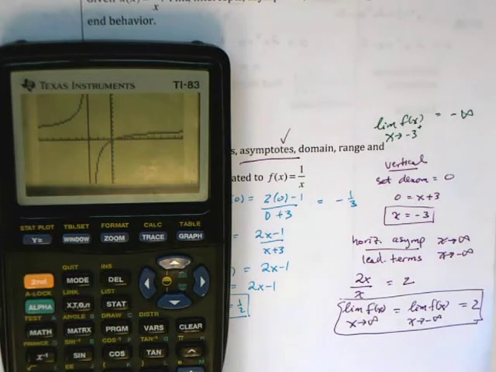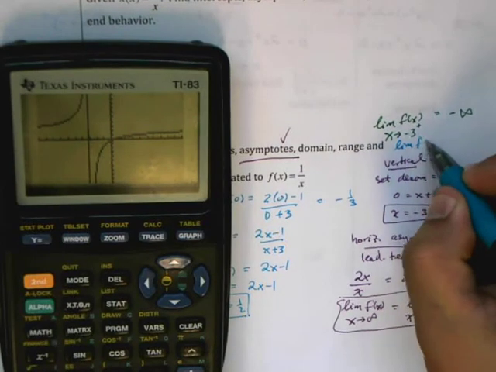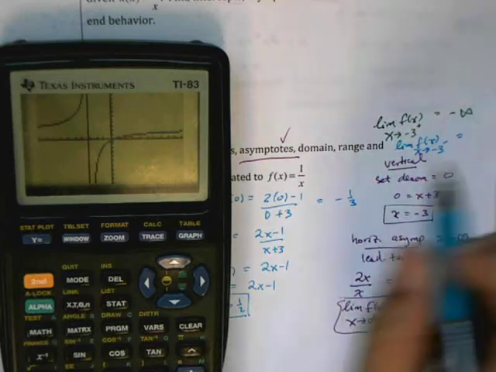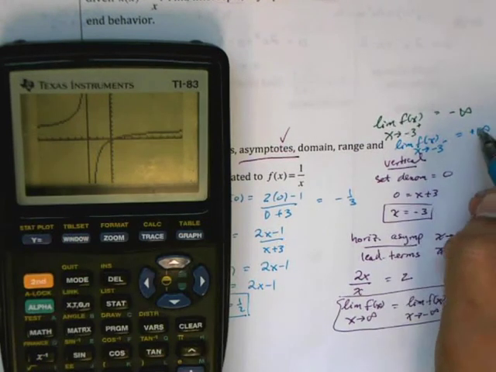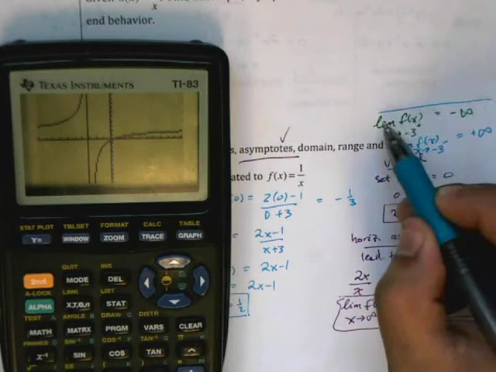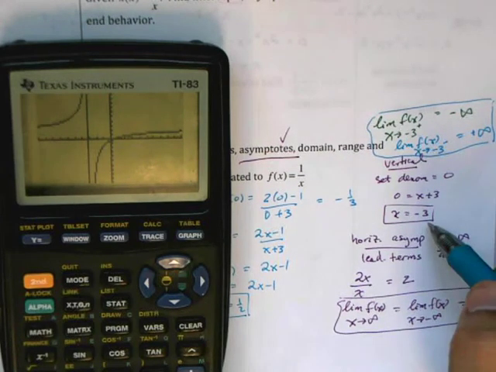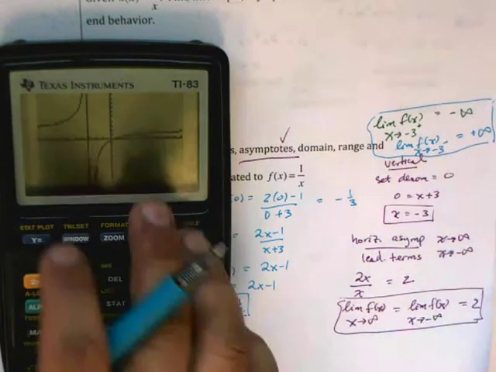And the limit of f of x as x approaches negative 3 from the left is actually going to shoot up towards positive infinity. And that's our vertical asymptote.